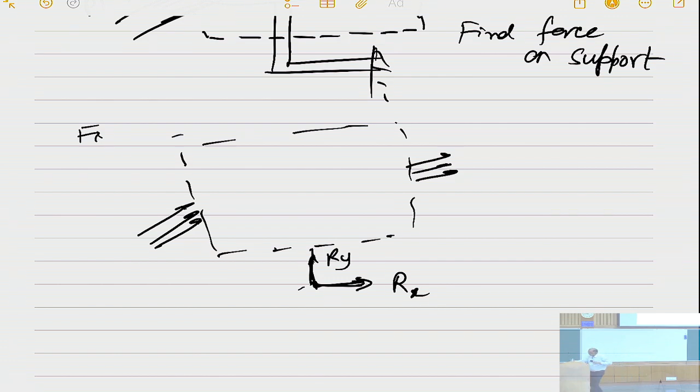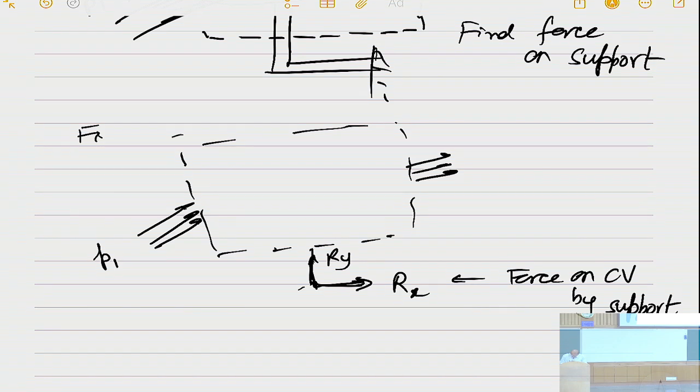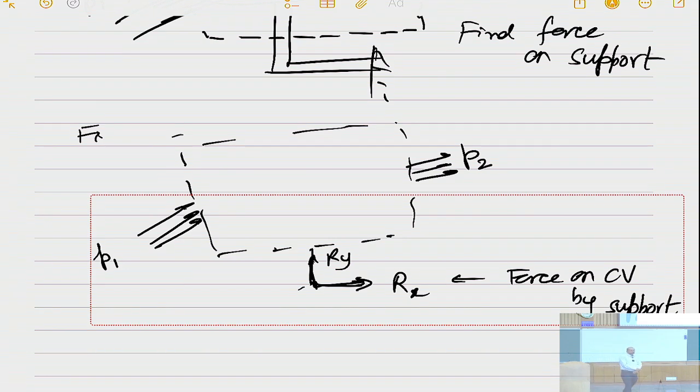So this Rxi, this is force on control volume by the support. Let P1 and P2 be the absolute pressures at sections 1 and 2.